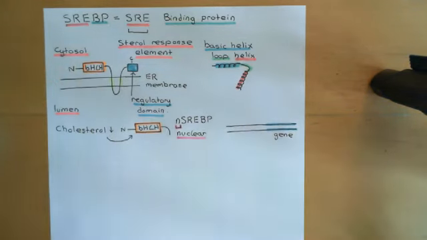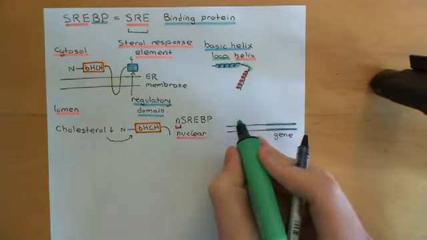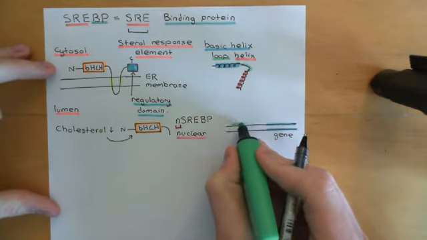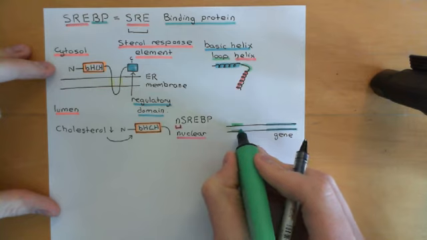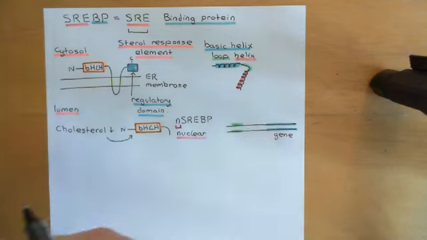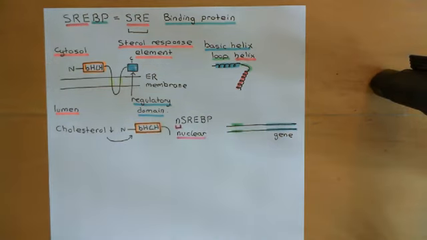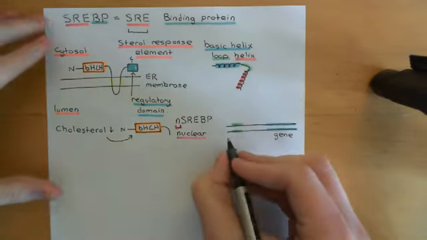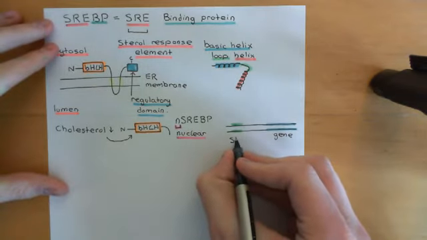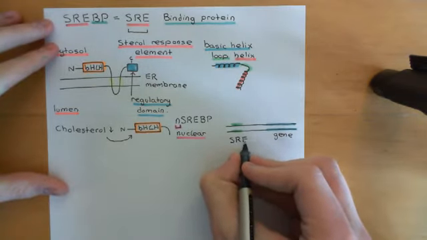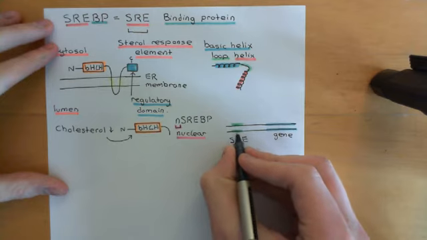Then in its gene control region, which is the portion upstream of the gene which controls how likely it is to be transcribed, you're going to have a little sequence of a few organic bases. Usually these sequences for controlling gene expression are no more than 10 base pairs. I don't know the exact length or sequence of the sterol response element, but it will be around 10 base pairs. So this will be this SRE, this sterol response element, and it's just a conserved sequence of organic bases.